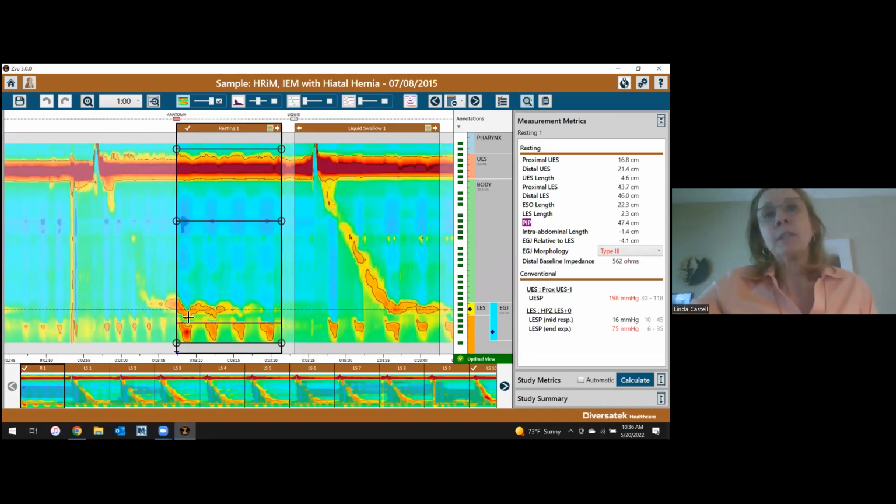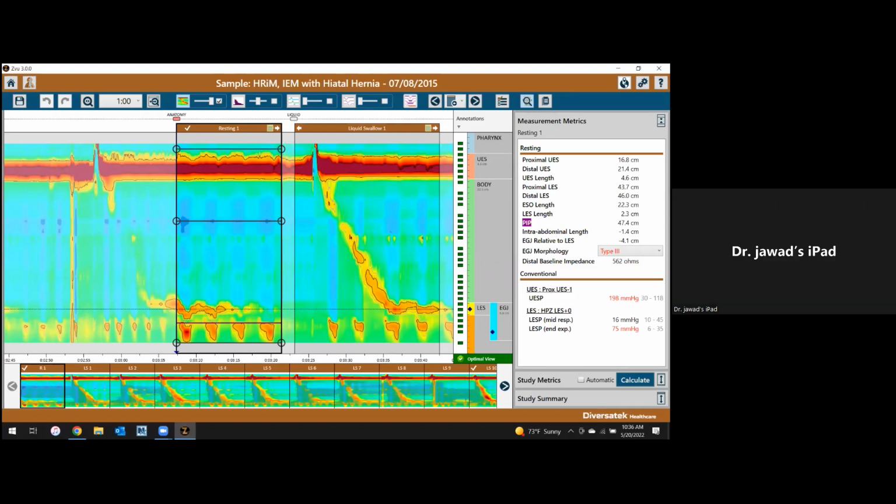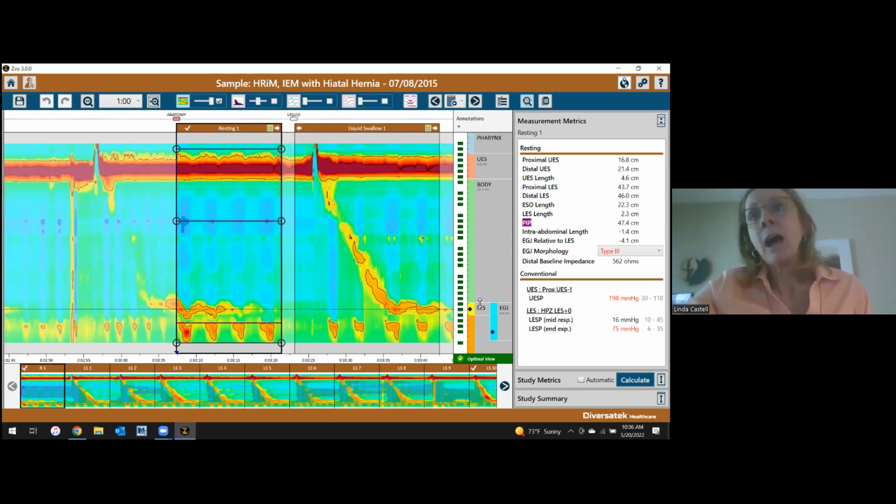Okay, so this patient has a really tiny hiatal hernia, but to determine the length, you're going to set these probe bars. The top of your LES, this white bar here, if I put my mouse on it, you're going to set that black line kind of where the colors turn blue to yellow.